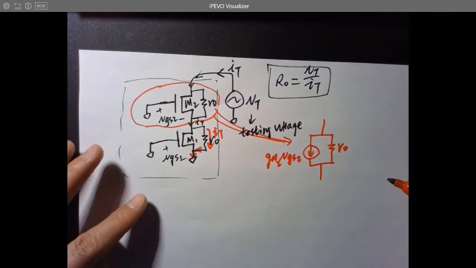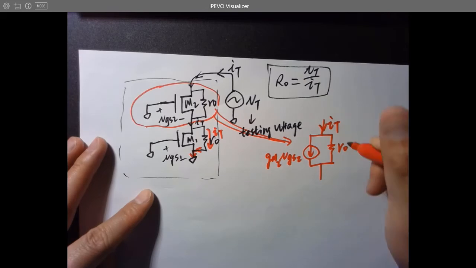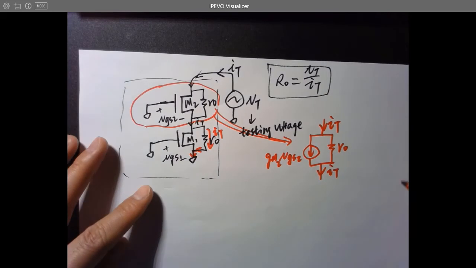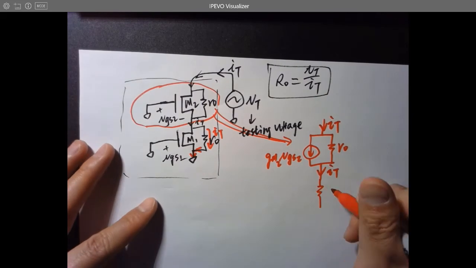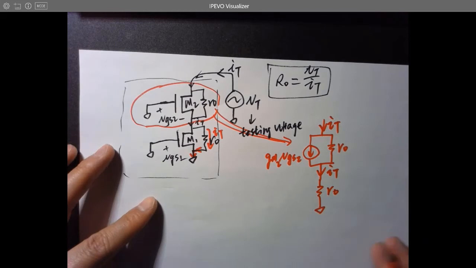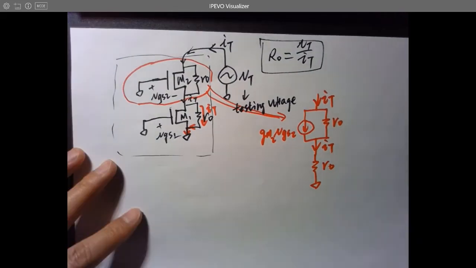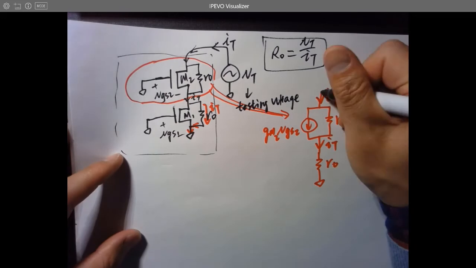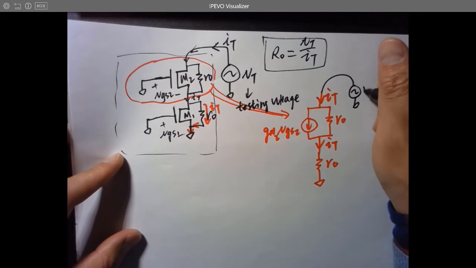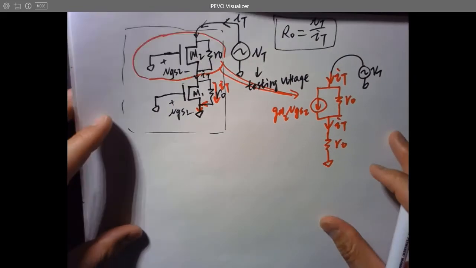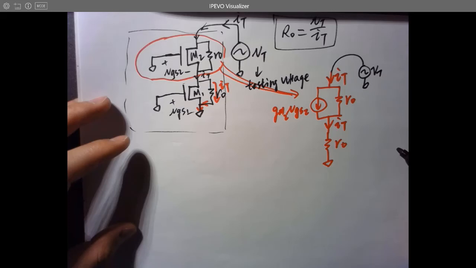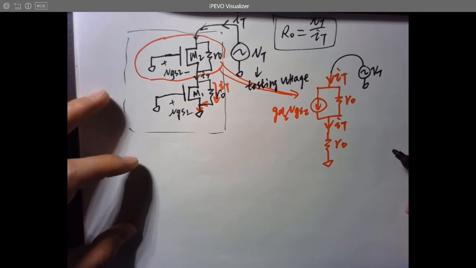That's the current source, and that's IT. That's IT as well. And then connect to what? RO. So that's the equivalent circuit. All right. And of course, VT over here. So now let's list all the equations and see what's going to happen.